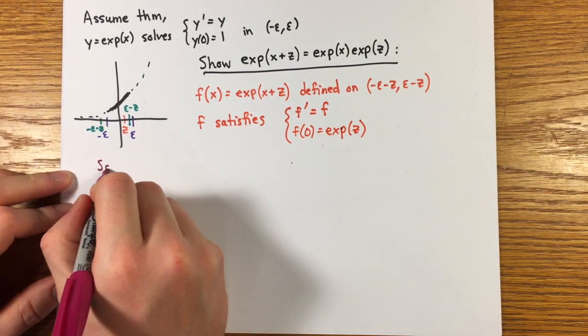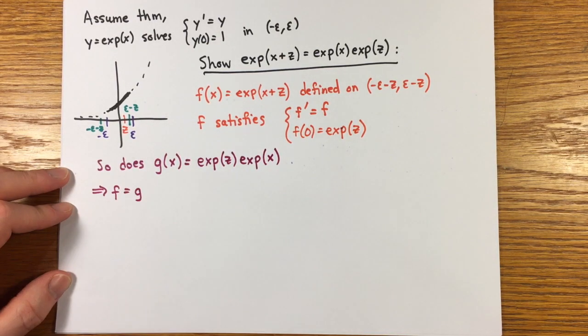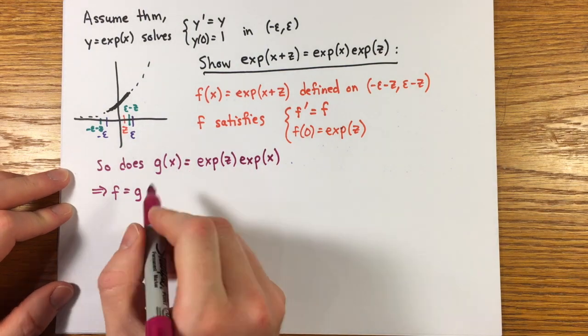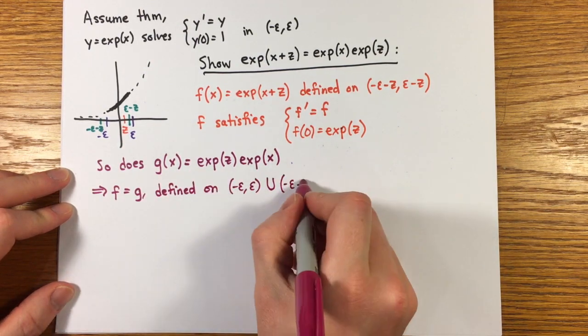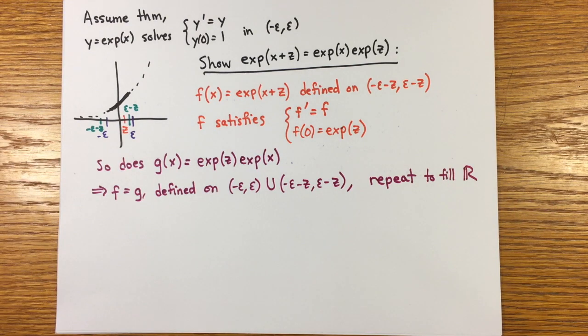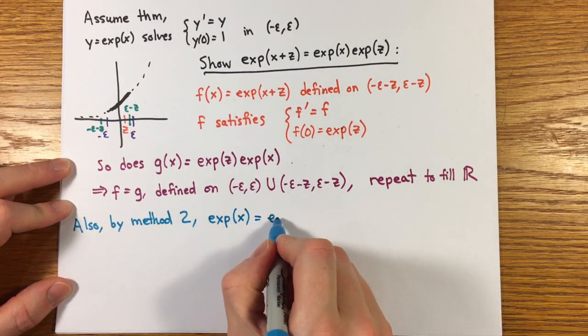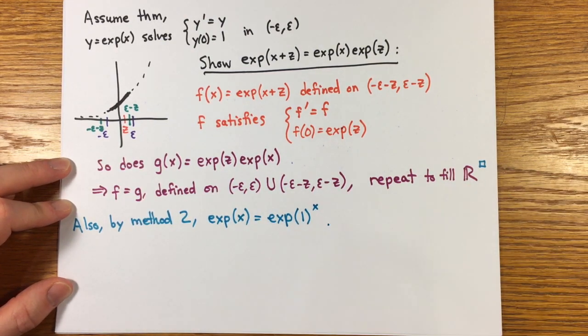But so does the function g(x) = exp(z) exp(x). So these functions must be identical. And through repeated application of shifts, it's clear that exp(x) is defined for all real x. The additive-multiplicative property identifies this function as being the same we think of as exponentiation, with e defined to be exp(1) as the base.